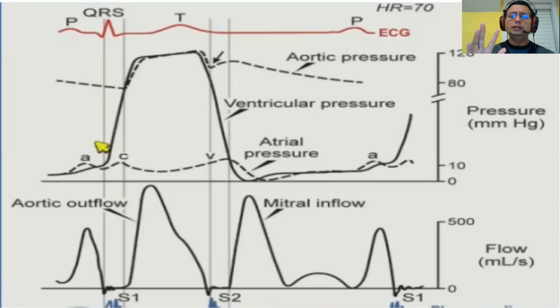Let's look at what happens when you have impaired relaxation. As you have impaired relaxation, your left ventricle relaxes more slowly. So what you can see here is that the downward movement of the left ventricular diastolic pressure becomes slower. As it becomes slower, the isovolumetric relaxation time gets longer. So rather than between 70 to 100 milliseconds, it is more than 100 milliseconds. Deceleration time, rather than between 150 to 240 milliseconds, is more than 240 milliseconds.